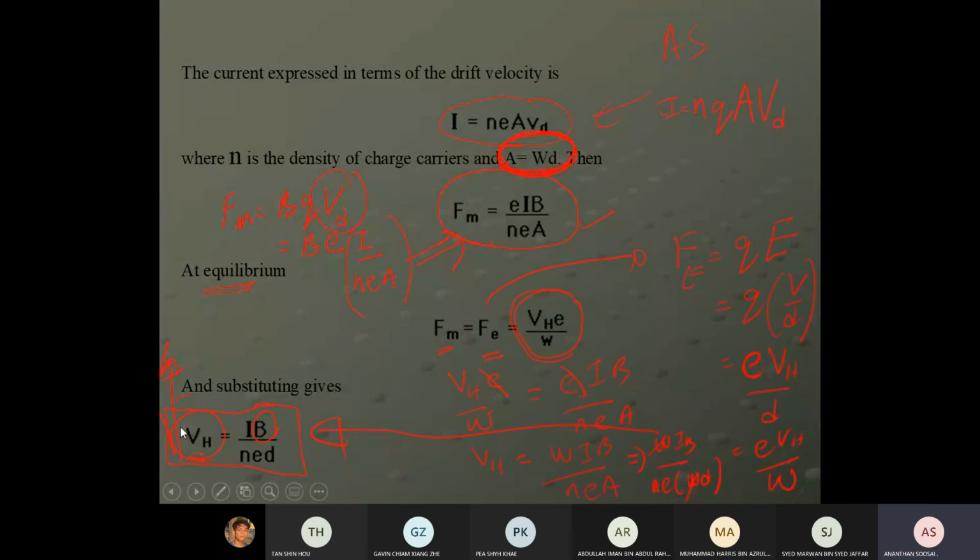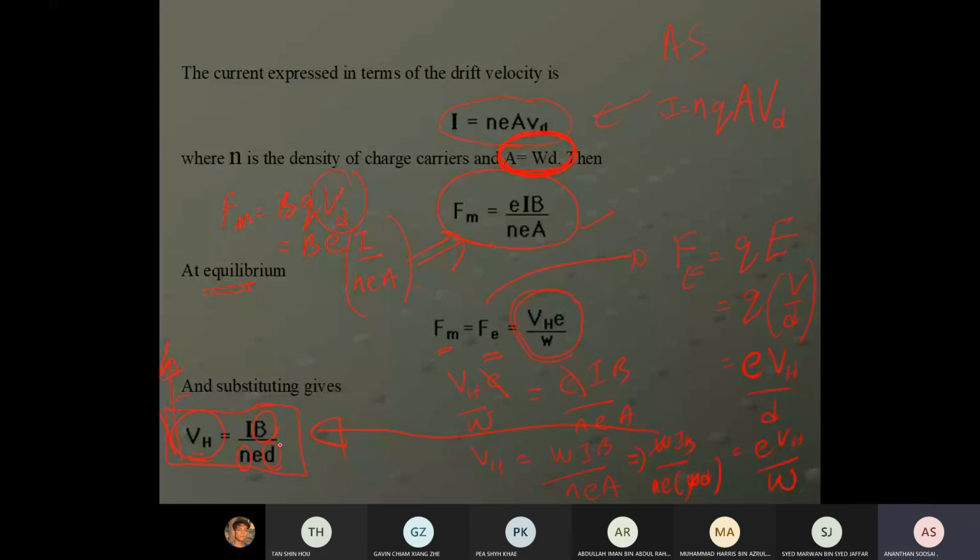These are the factors affecting the Hall voltage: I, B, n, e, D. A big Hall voltage means the magnetic field must be big, but we can't control that; we want to calculate the magnetic field. Current, we can make big but it's dangerous, so we make it small. The other two we can do: we can play around with n and D.